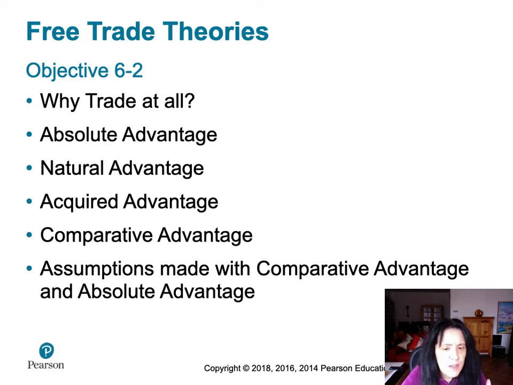So we're assuming in the comparative advantage and absolute advantage theory fully employed resources, meaning land, labor, and capital. It's assuming economic efficiency, and assumes the goal is the maximum income.